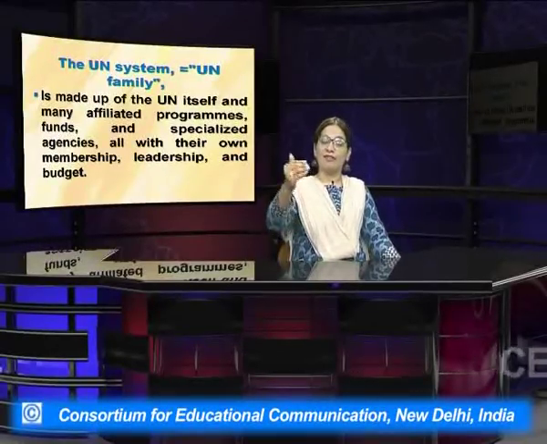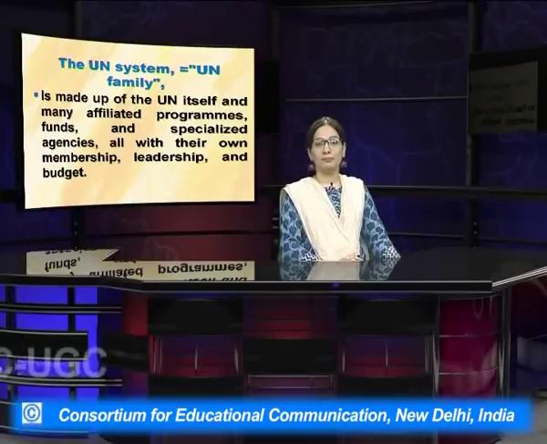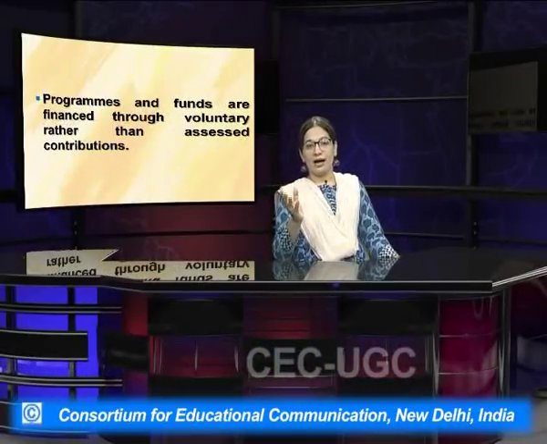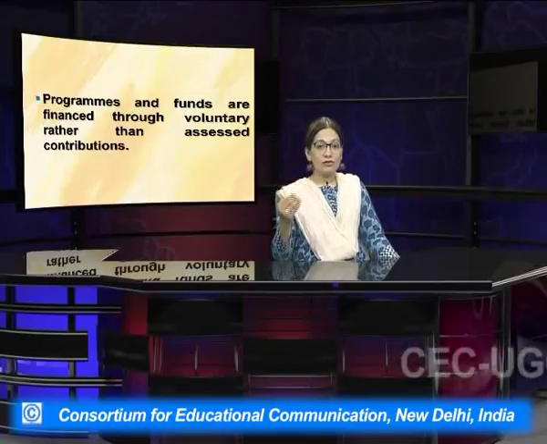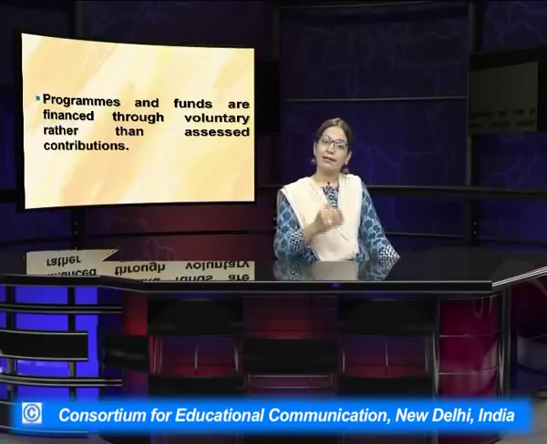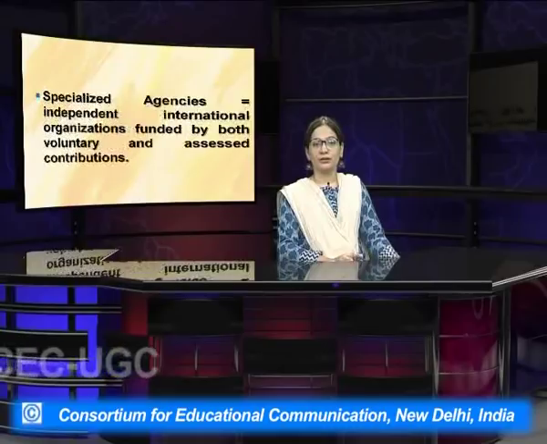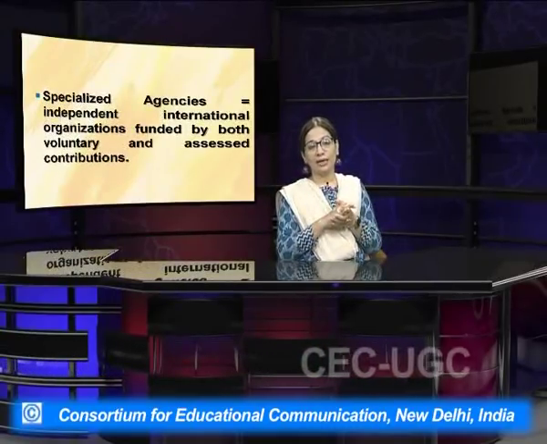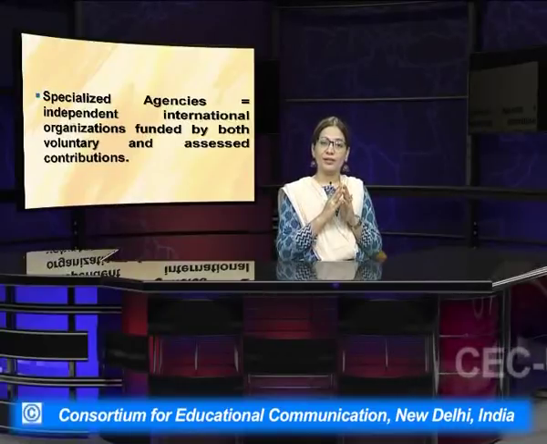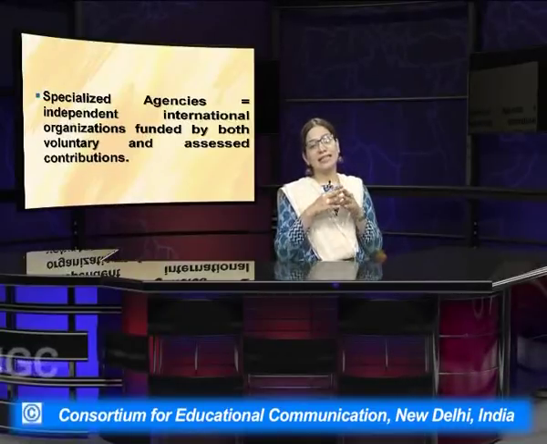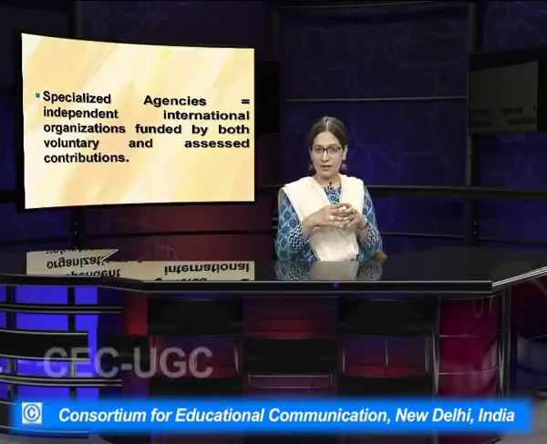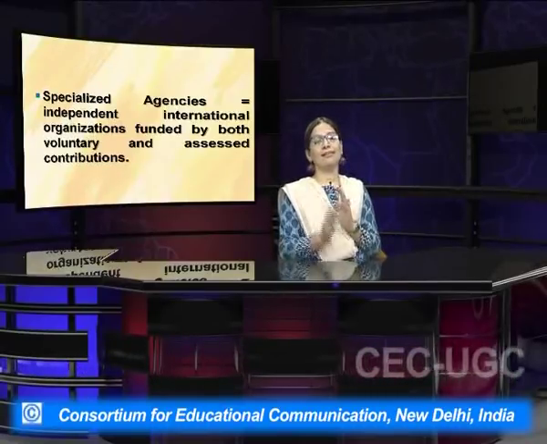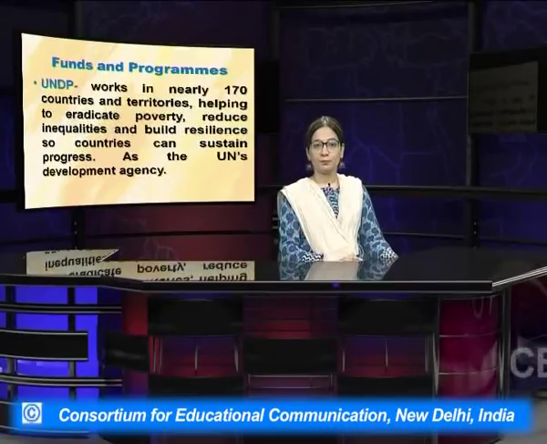Let us have a look at them one by one. Now, programs and funds are financed through voluntary rather than assessed contributions. Specialized agencies, we will be seeing in just some time. The UN specialized agencies are independent international organizations funded by both voluntary and assessed contributions.